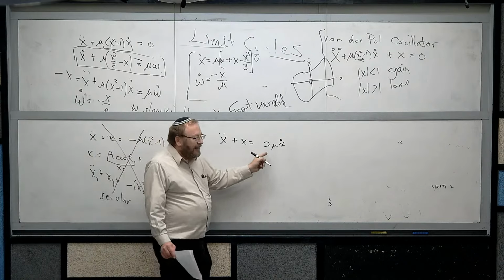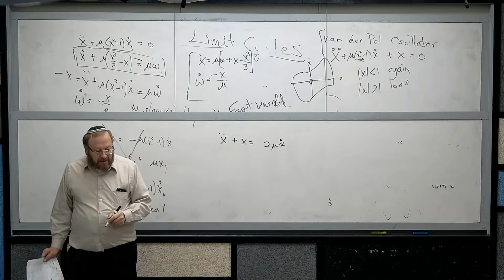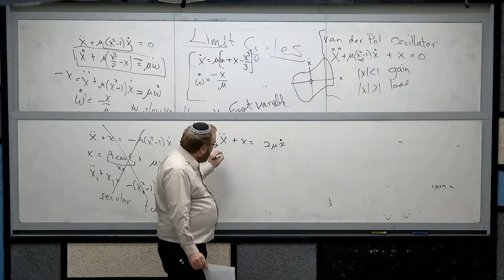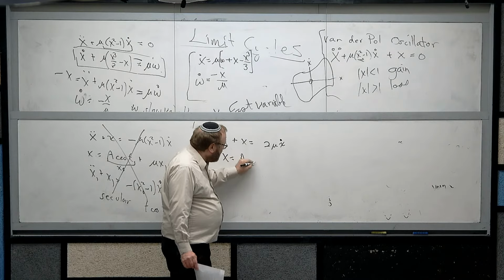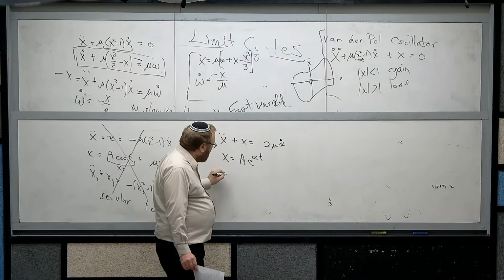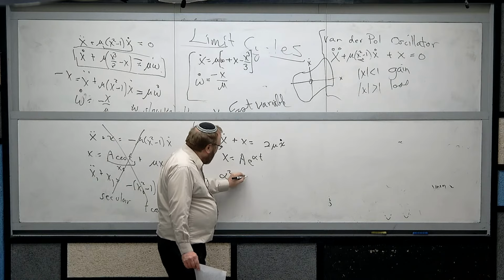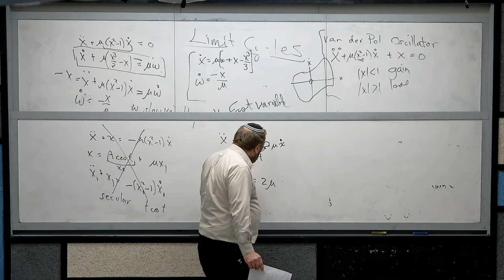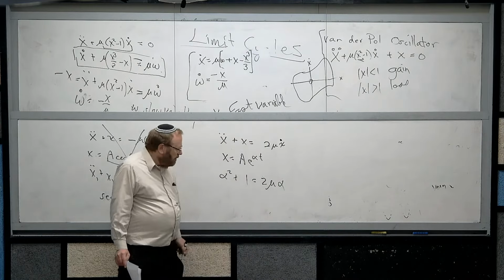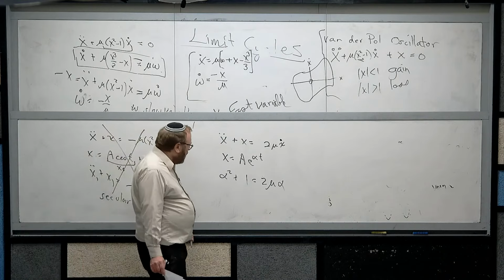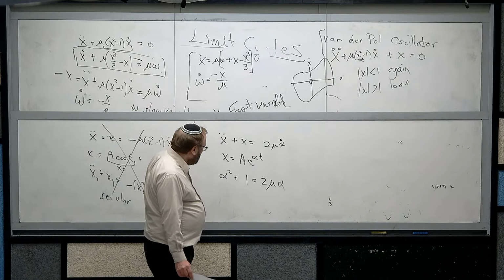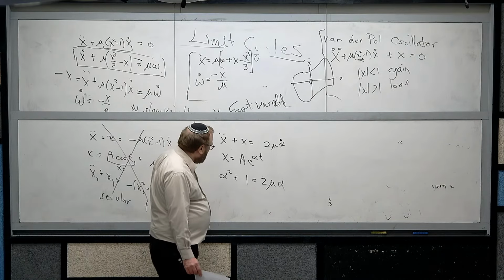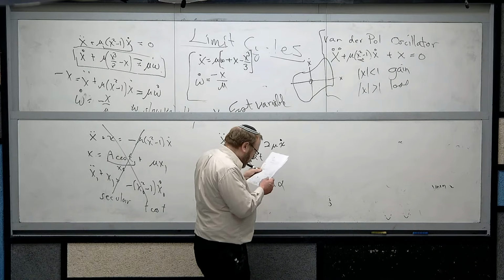So here, this is a simple, pure damped oscillator. And what is the solution? It's a complex exponential. x equals a e to the alpha t, where alpha satisfies alpha squared plus 2 mu alpha plus 1 equals 0.